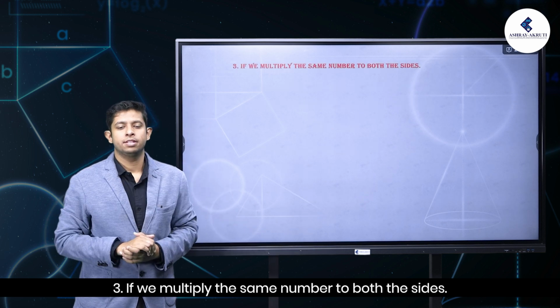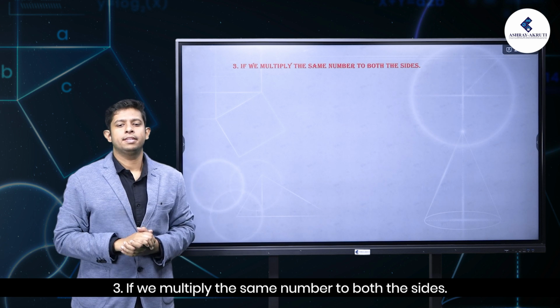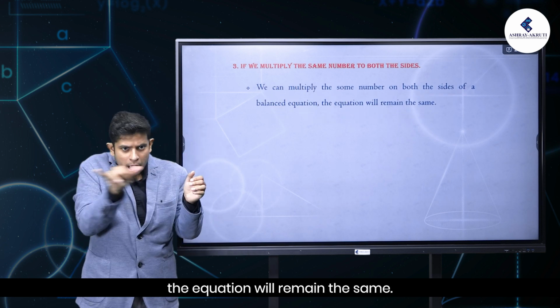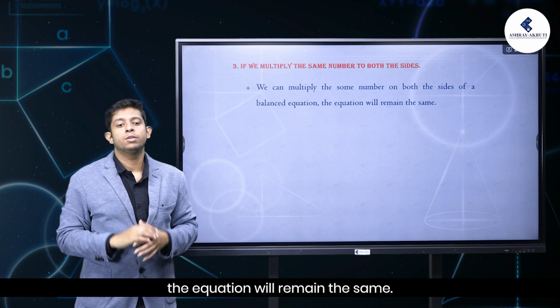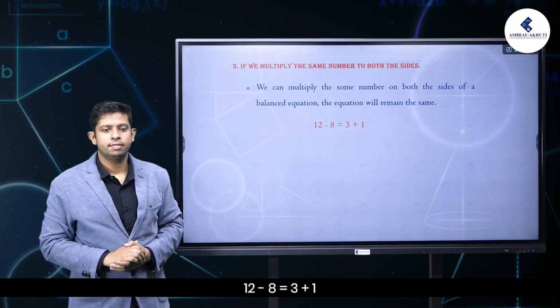If we multiply the same number to both the sides, we can multiply the same number on both the sides of a balanced equation, the equation will remain the same. Example, 12 minus 8 equals 3 plus 1.